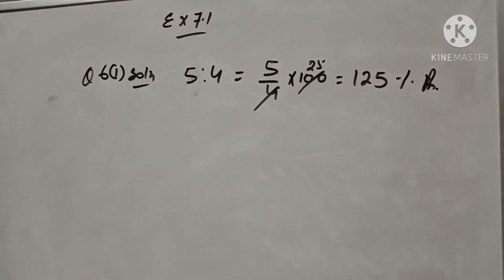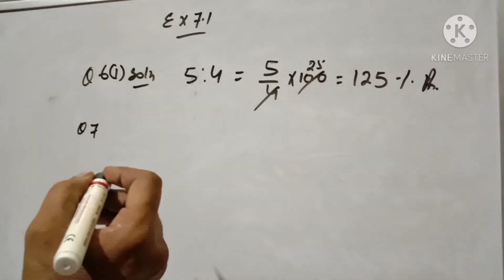Write down. See question number 7. It is given, an alloy consists of 7 parts of zinc and 33 parts of copper. Find the percentage of copper in the alloy. As we know, alloy means two metals are there. So here one metal is given, zinc, and one is copper. So first of all you write zinc.